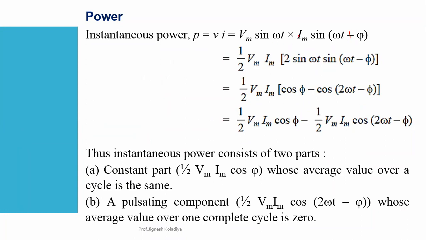Vm sin omega t into Im sin(omega t plus phi). So you have to multiply and divide it by 2. So 1 by 2 Vm Im, 2 sin omega t into sin(omega t plus phi).